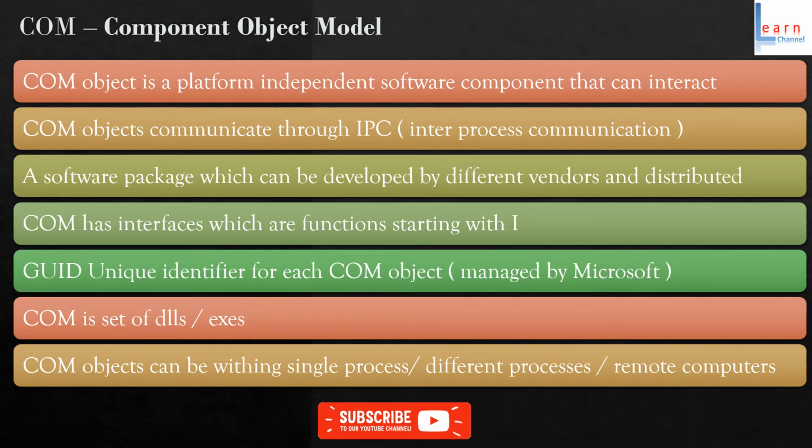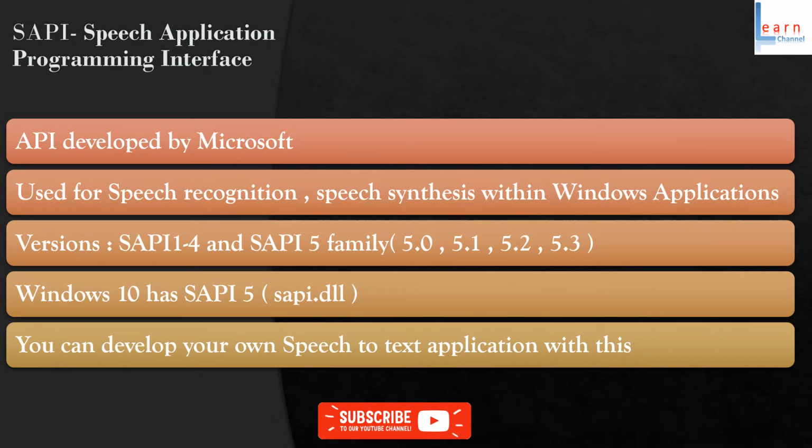So why I am explaining the COM object is that the text-to-speech software, which I'm going to explain now, is based on a COM object. We'll use a COM object called sapi.dll for achieving the task of reading the text and making it into a speech. So the speech application programming interface, SAPI, if you Google around, you will find out this application.